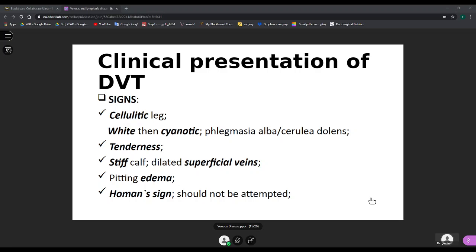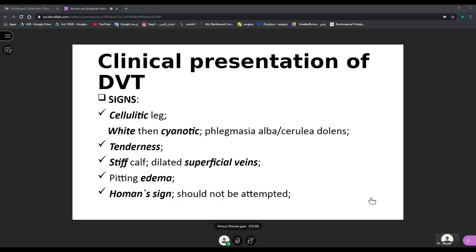There is one physical test that used to be done, in which you extend and dorsiflex the foot in the affected lower limb. If the patient feels pain in his calf muscle due to this excessive dorsiflexion, this sign is known as Homan sign.